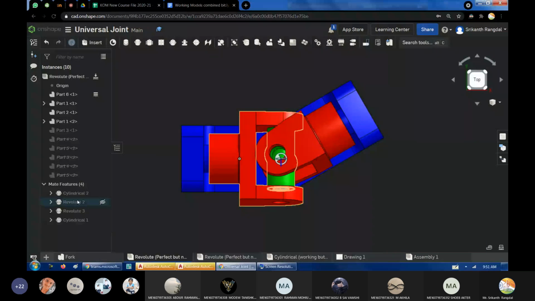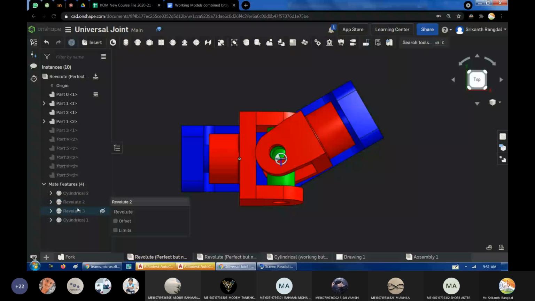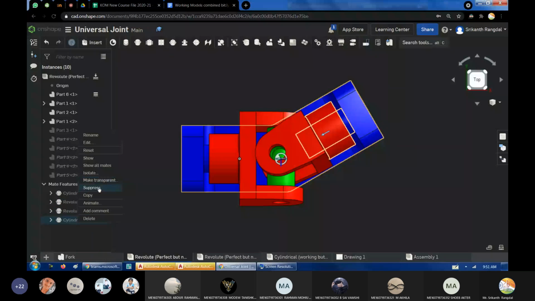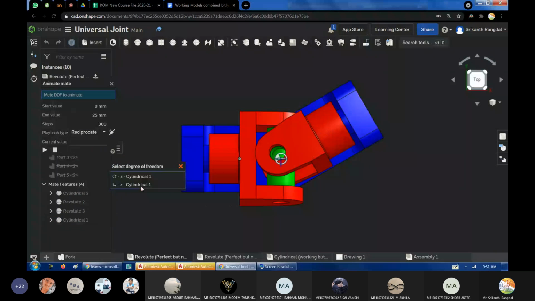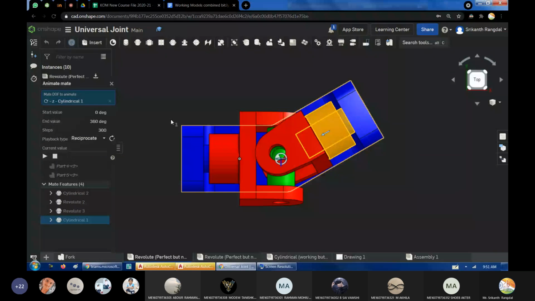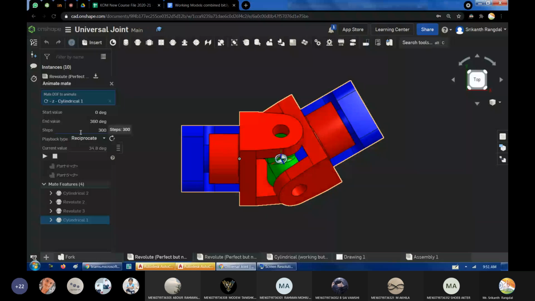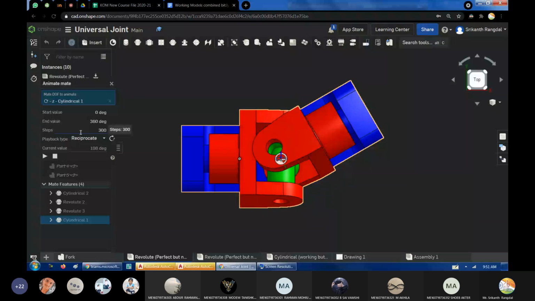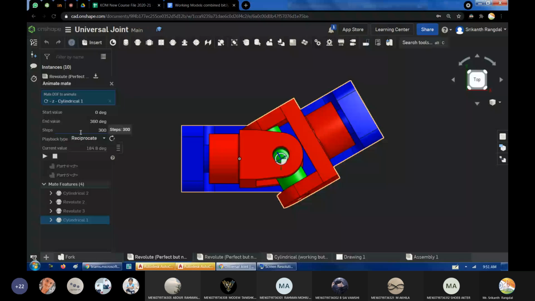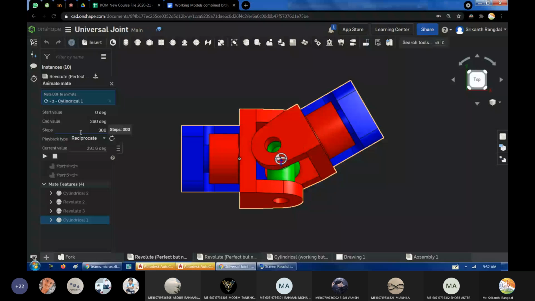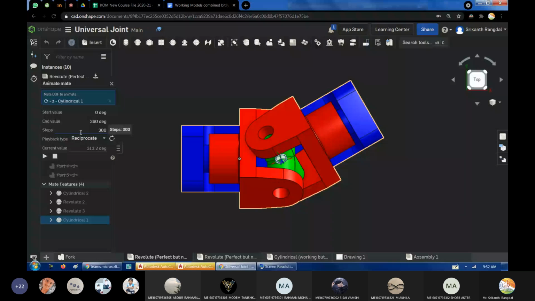Let me put them in motion. So now you can see the motion. Are the two axes parallel to each other? Yes, sir.